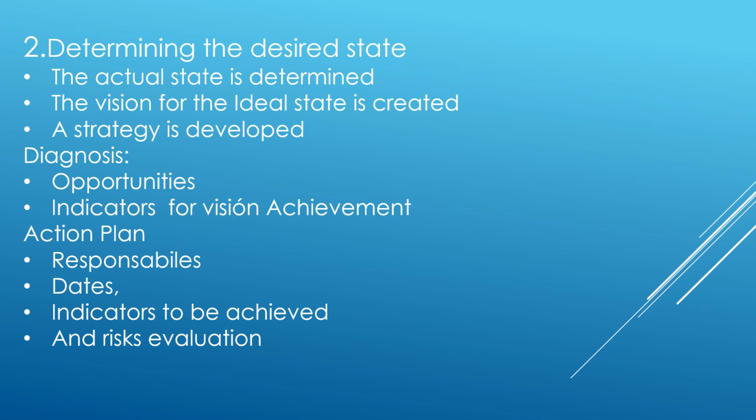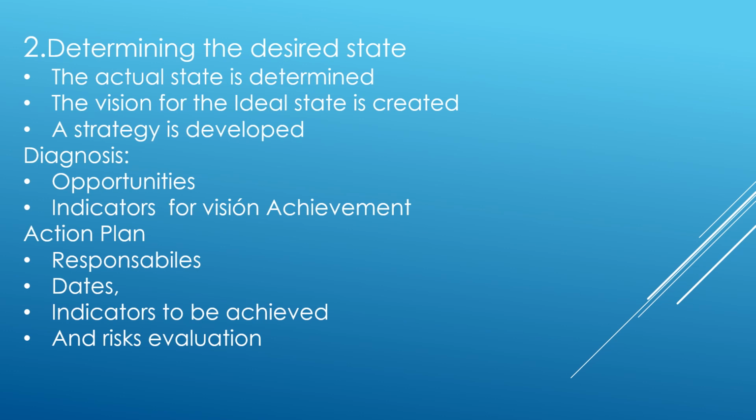When you carry out this diagnosis, you determine the actual state of the company. The second part is that you develop a vision of the ideal state of the company.